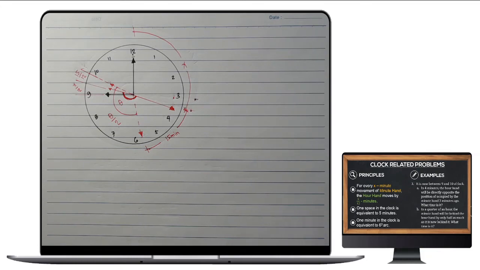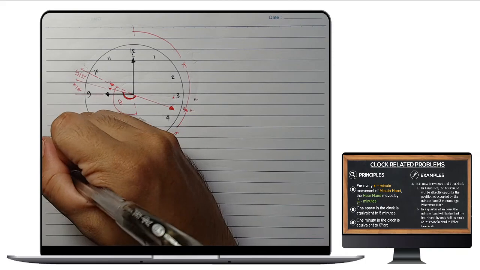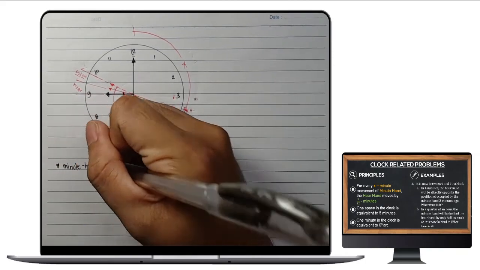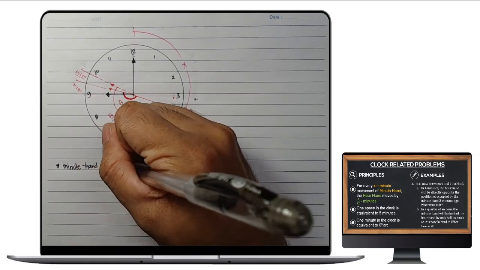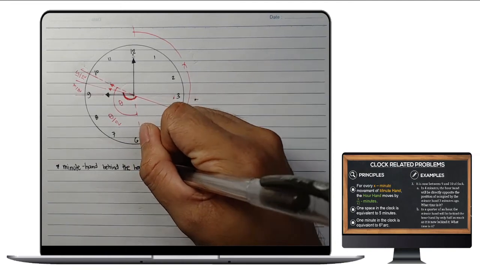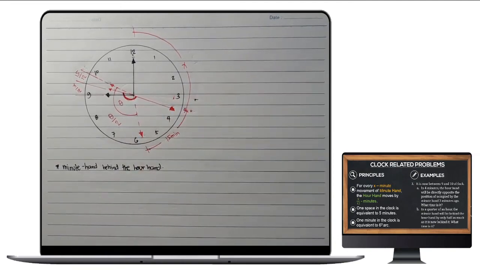So, looking at the present time, we can find the value of theta using the formula that we have. Since the minute hand is behind the hour hand, we will use the formula that we derived a while ago, the second formula.